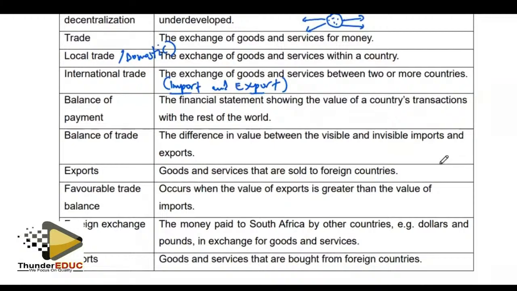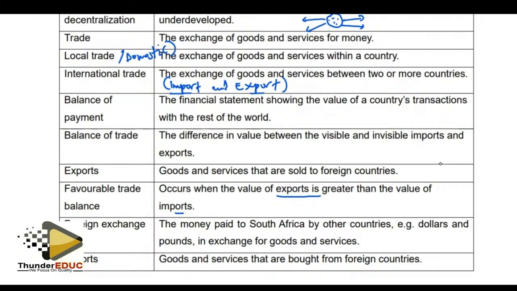Then favorable trade balance occurs when exports are greater than imports. We say it's favorable because the more you sell, the more money comes into the country, which makes it more favorable.